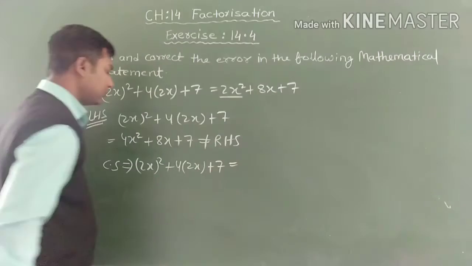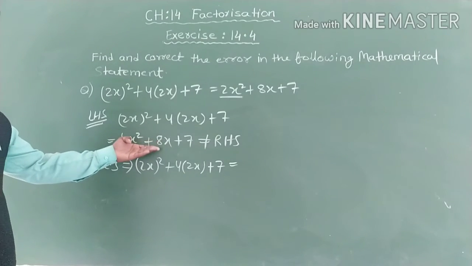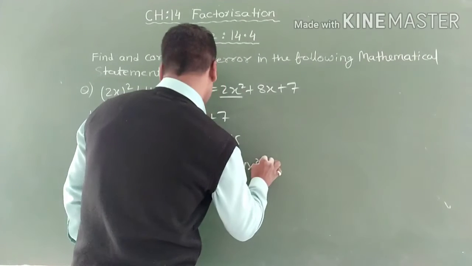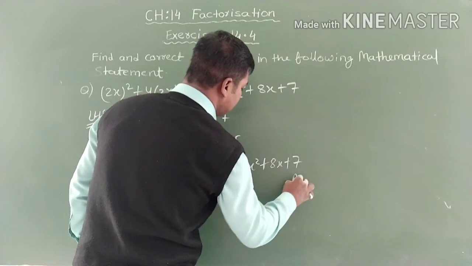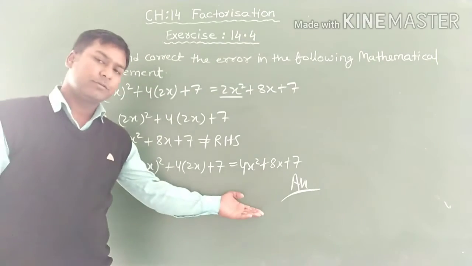This is LHS part. So this will be, sorry, RHS part equal to that. So it will be 4x square plus 8x plus 7. Now this is the correct answer. This is the correct statement, and this is the answer also.